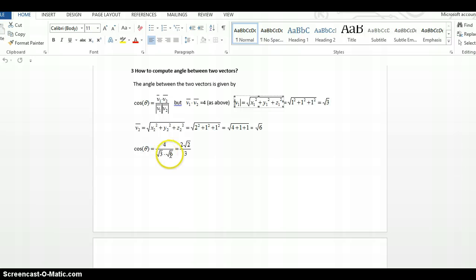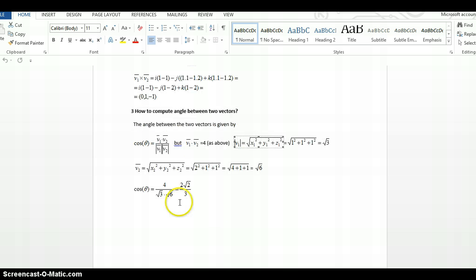Or better still, if you rationalize, you multiply the top and bottom by root 6. For this problem, this is 4 divided by root 3 times root 6. You know that root 6 is the same thing as root 2 times root 3.